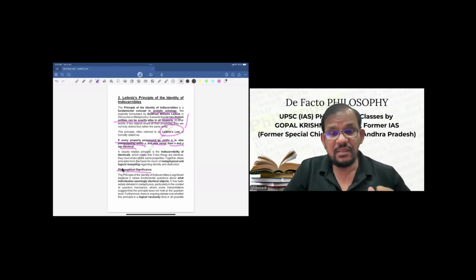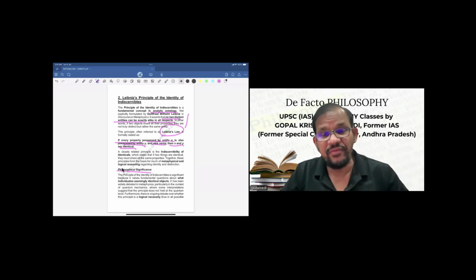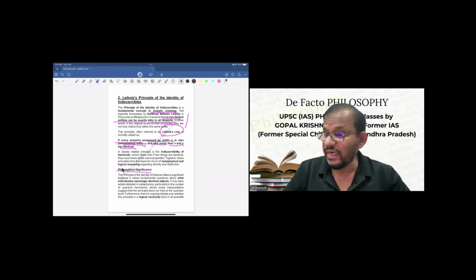It is significant because it tells us how seemingly identical objects are identical and how they are different. It has been widely debated, particularly in the context of quantum mechanics, where some interpretations suggest that the principle does not hold at the quantum level.